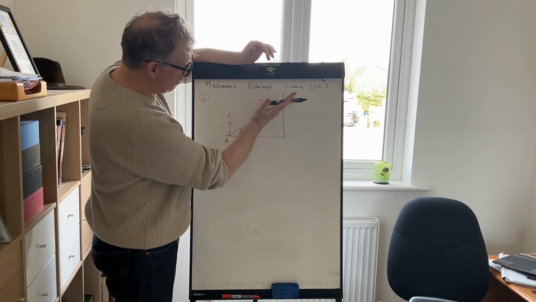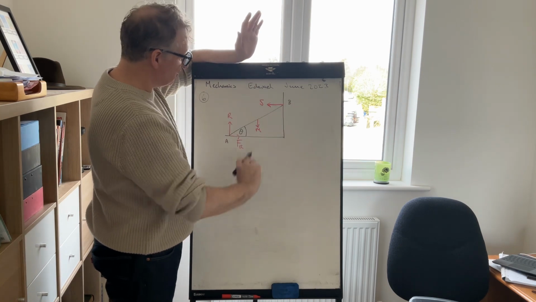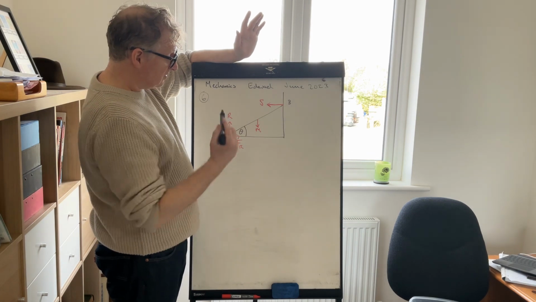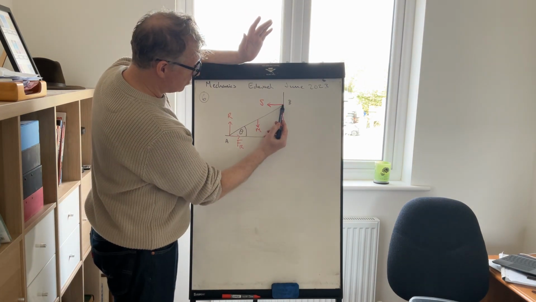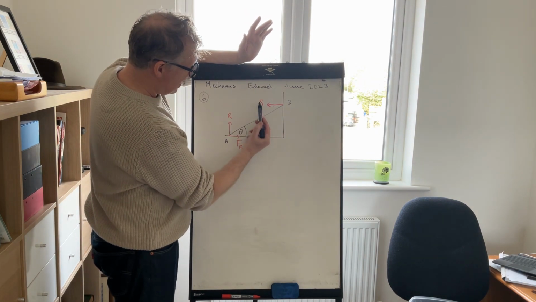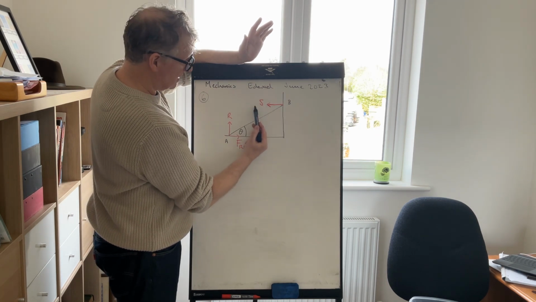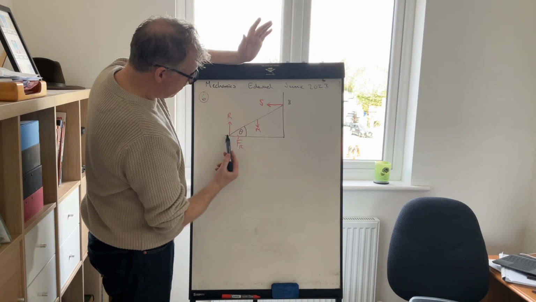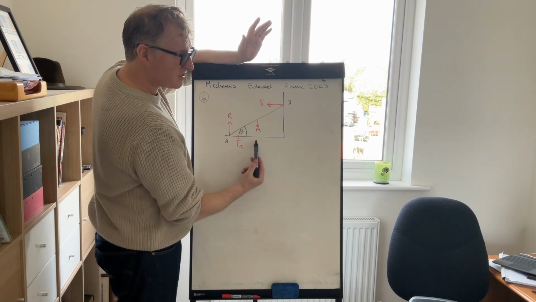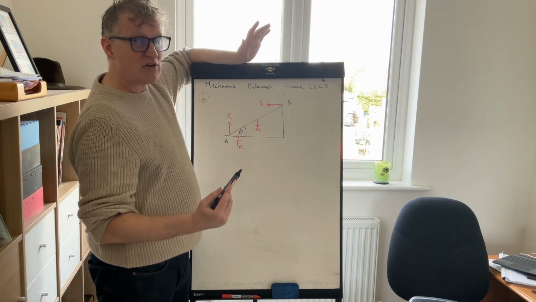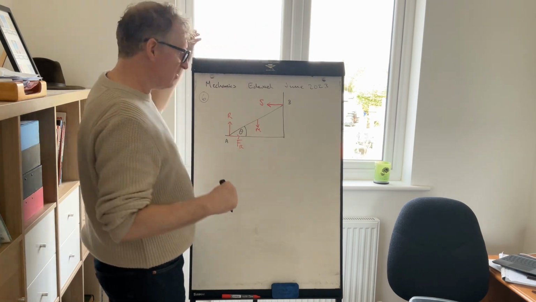If this thing is in equilibrium, that means all forces in any particular direction must cancel out. So because we've got an S acting to the left, and it's the only force acting horizontally, friction therefore must be in the direction to oppose it. That's the kind of wording they're looking for.